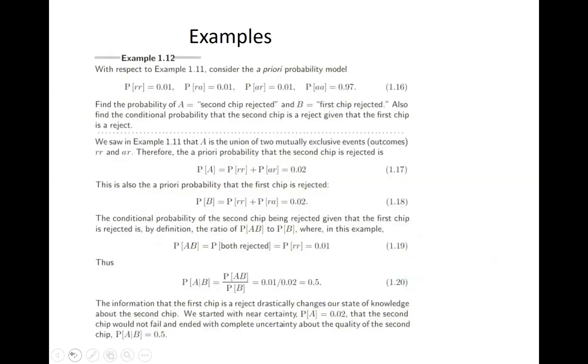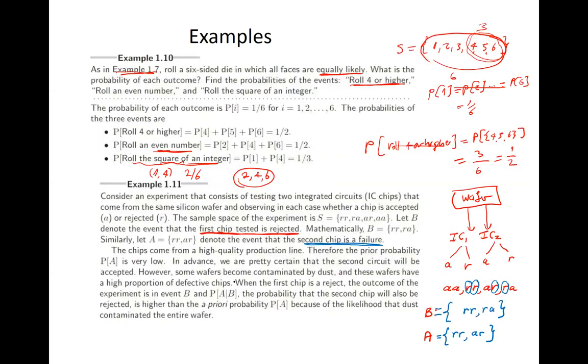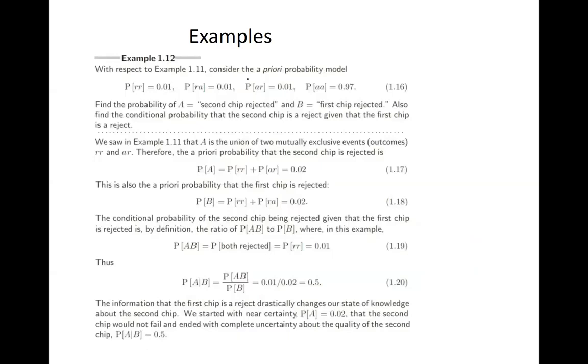Now, here is how we use conditional probability based on this example. Don't forget this example: we have a wafer, we have testing of ICs, and then there are accepted and rejected cases. We have an a priori probability model, where the probability of each outcome is given.